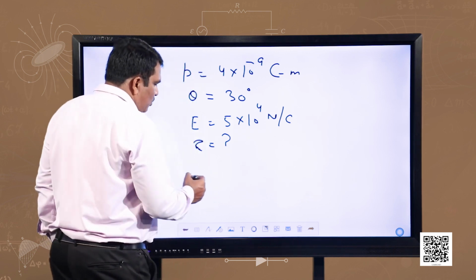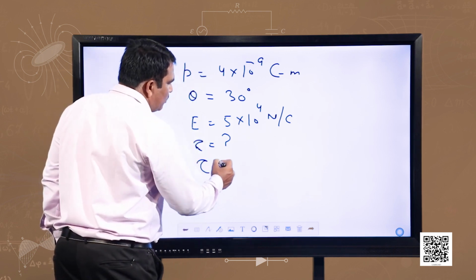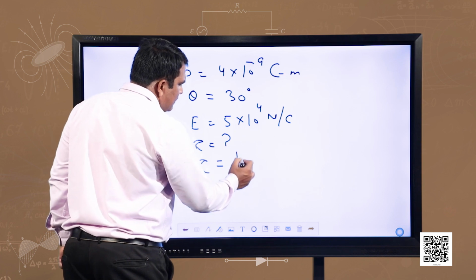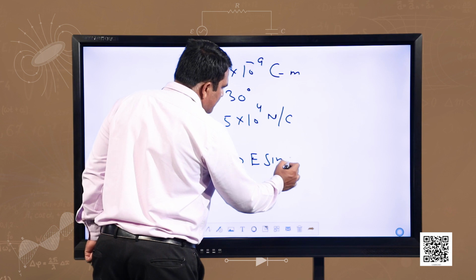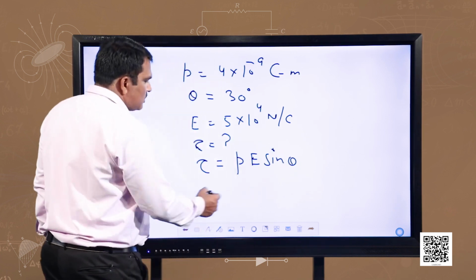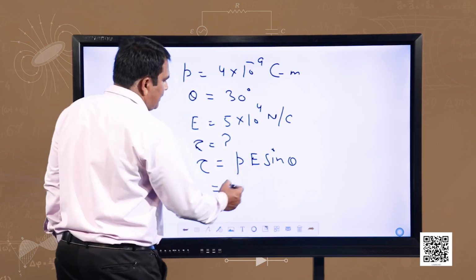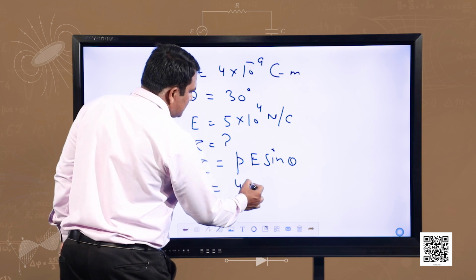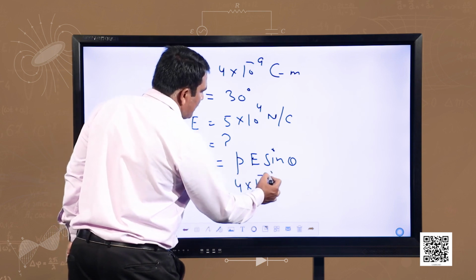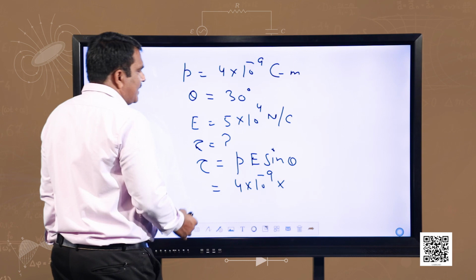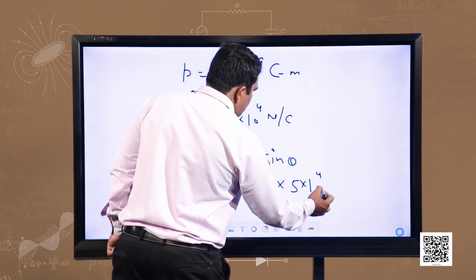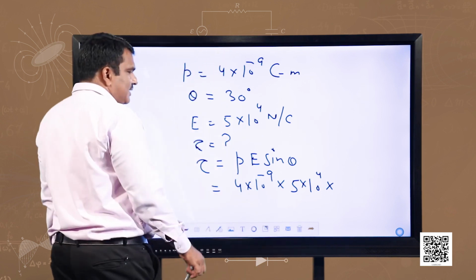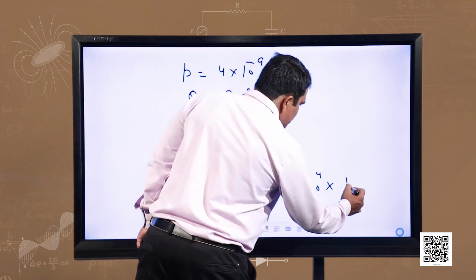We know that torque acting on the dipole is given by the formula P E sin theta, and by putting the values, P is 4 into 10 to the power minus 9, value of electric field is 5 into 10 to the power 4 multiplied by sin 30 degree, and sin 30 is 1 by 2.